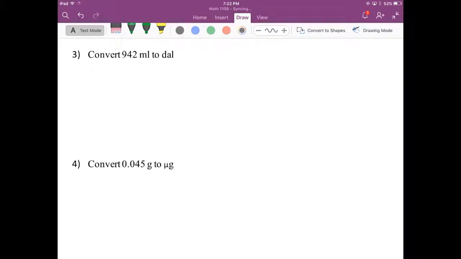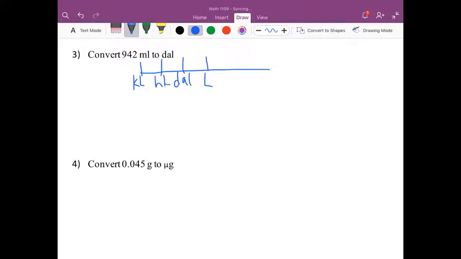Try another one here. So again, we draw this out. In this case, it's liters. So our liters is here. Decaliters, hectoliters, kiloliters, deciliters, centiliters, milliliters.